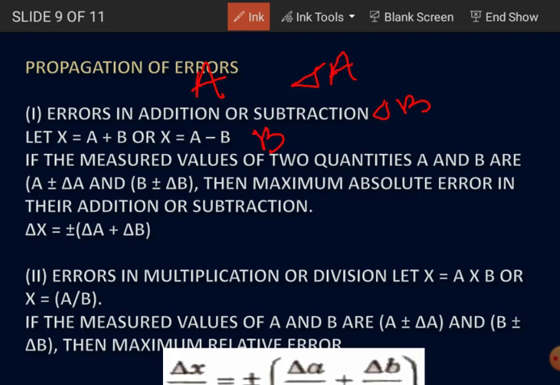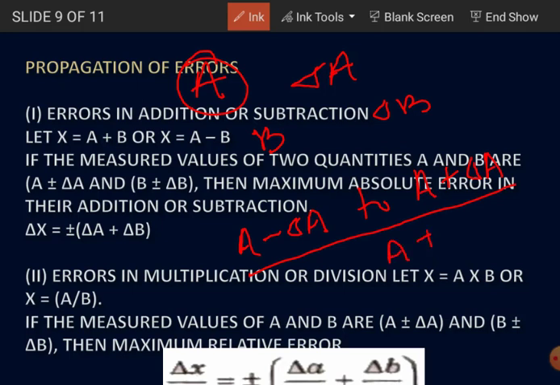So your measured value of A will surely lie between A minus delta A to A plus delta A. So we generally write this collectively as A plus minus delta A, got it. So that is what it means here, the measured value as A plus minus delta A. Similarly for the measurement of B, the measured value will be taken as B plus minus delta B, got it.